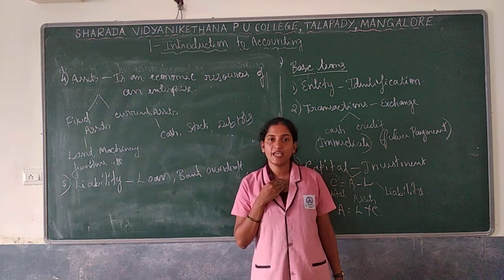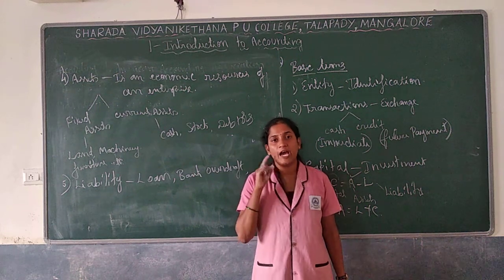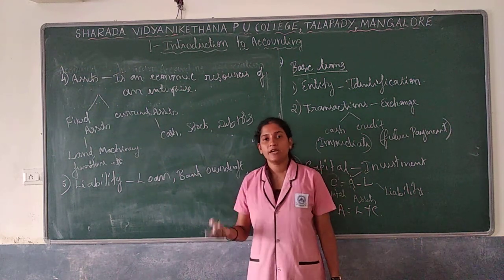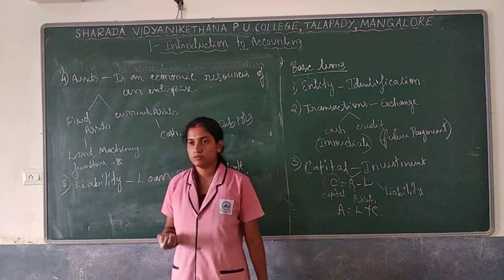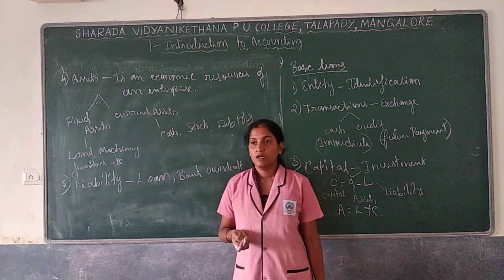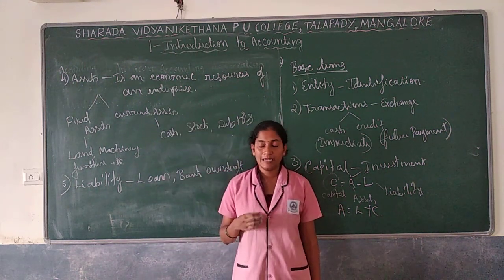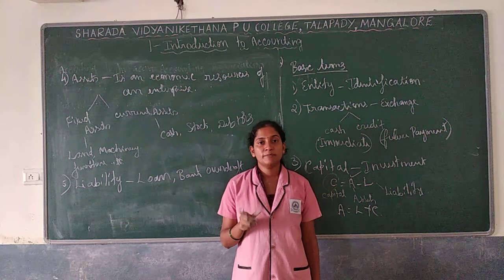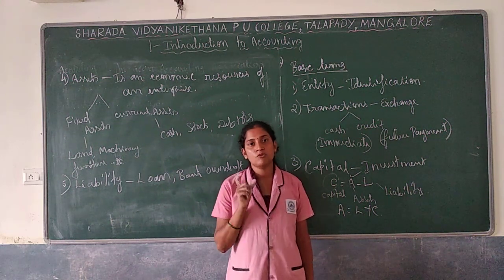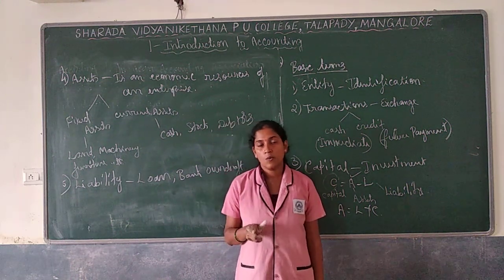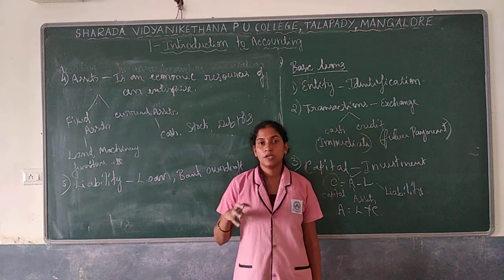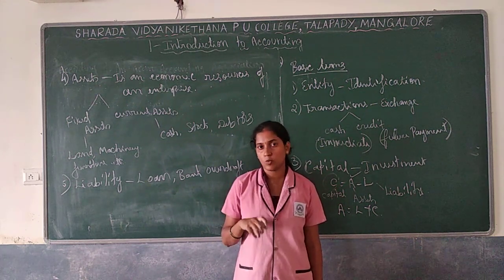For example, in my bank account I have 1 lakh rupees, but I had to pay someone around 1,10,000 rupees. My bill is 1,10,000 rupees. Now my bank amount is 1 lakh rupees. So now what happened? That 10,000 is required.